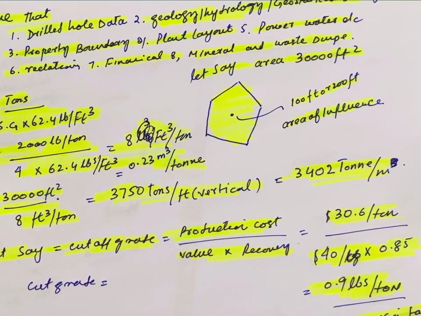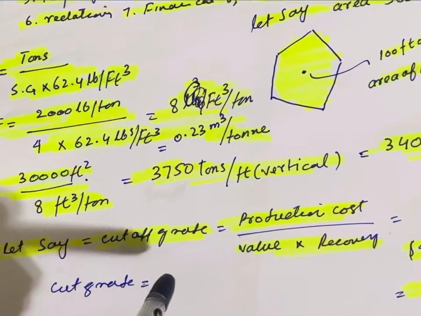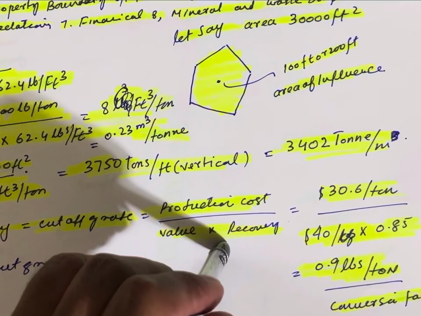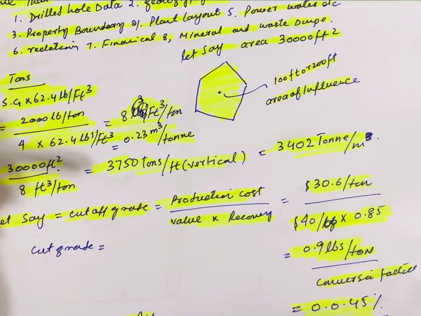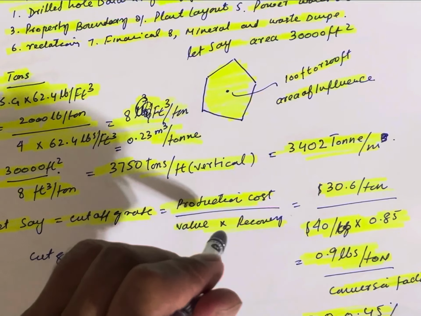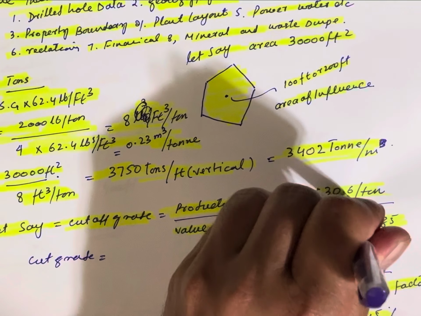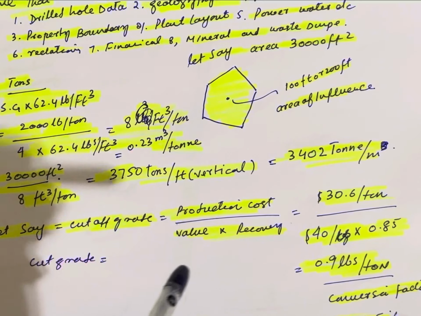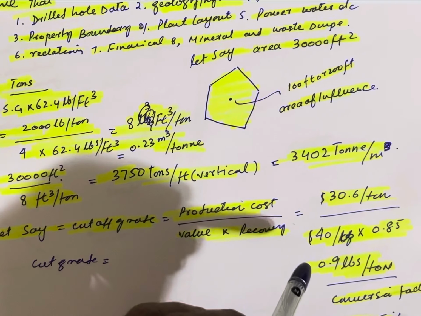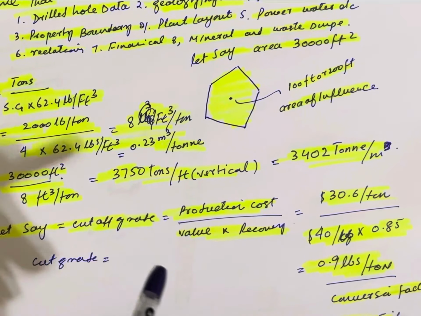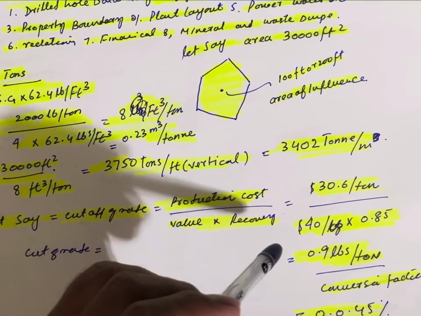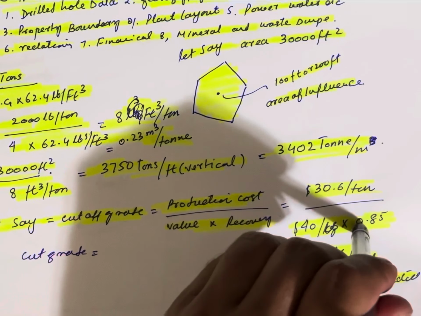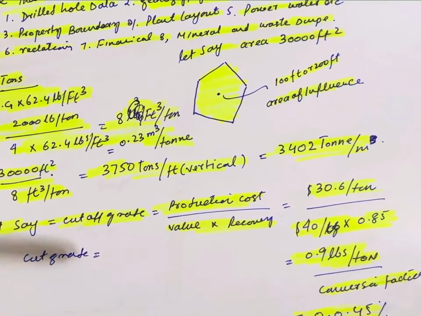tons per meter cube. Assume, let's say, the cut-off grade. What is cut-off grade? Cut-off grade is the production cost divided by the value into recovery. Let's say that the production cost is $30.6 per ton, and when we are selling in kg, or whatever small unit of the ore, the unit price is $40, and this is the recovery. 0.85 is our recovery.